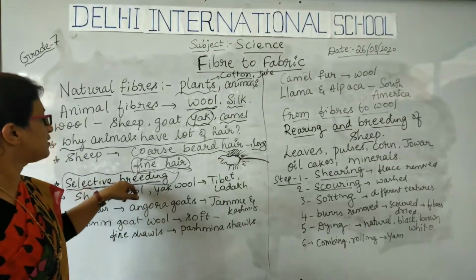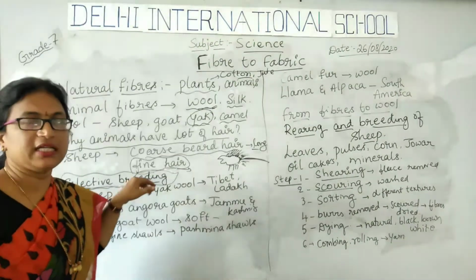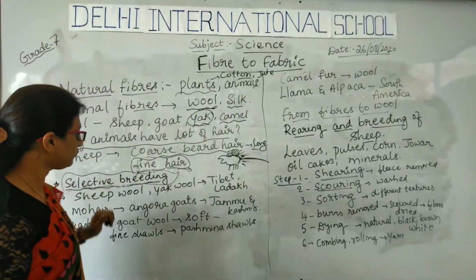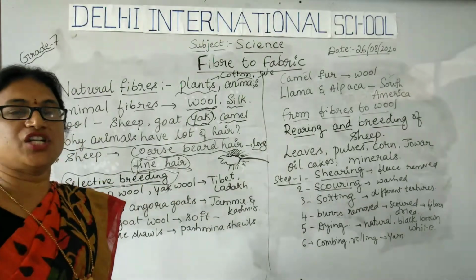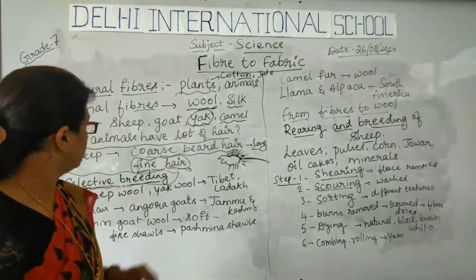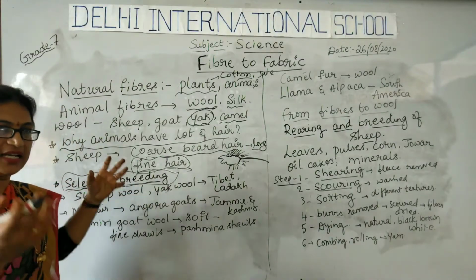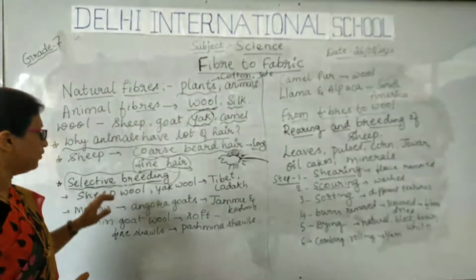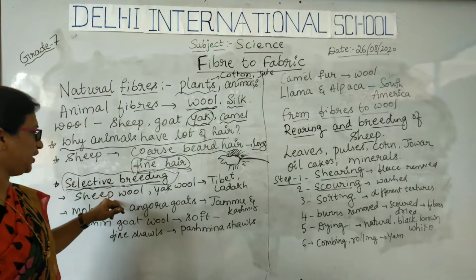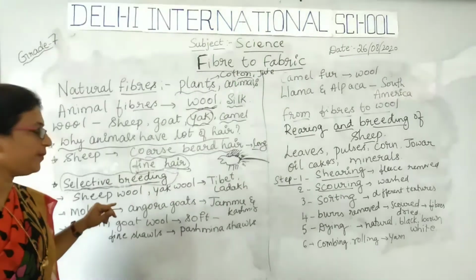That's why selective breeding is done by the sheep owners. The parents are selectively bred to get a very good quality progeny, or baby sheep.